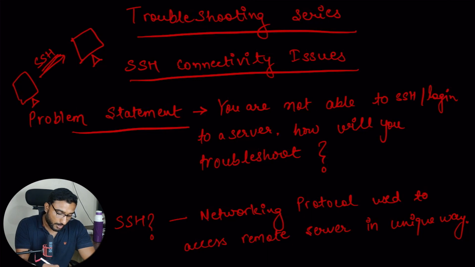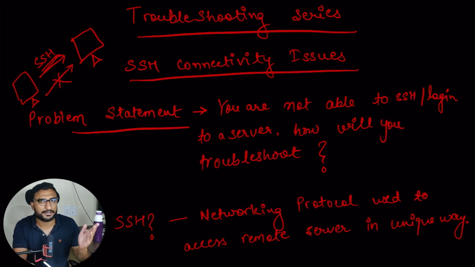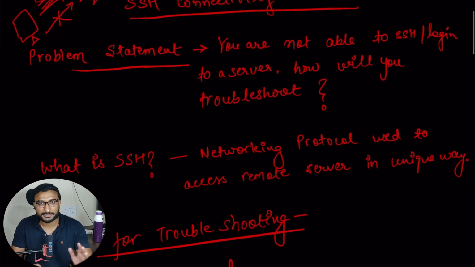When you try to connect to this remote host, the connection is not successful or you are failing with some kind of issue. So how will you troubleshoot it? How will you solve this issue? That is what we are going to discuss today. This is the problem statement, which is the first step. You have to understand the problem statement, then we will proceed towards how you can actually solve it.